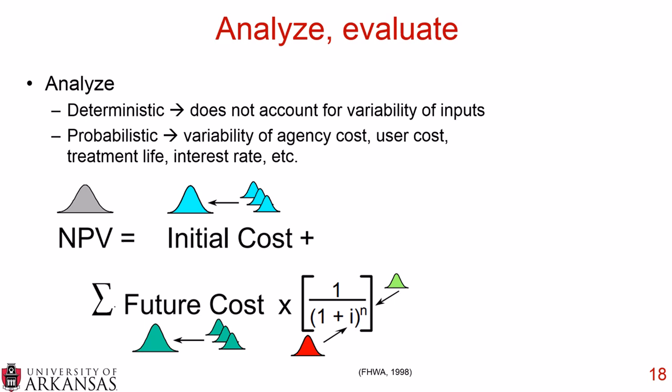So you have all this variability within each category, and when you sum them together, there's some sort of variability associated with the net present value, or the NPV, and that's a probabilistic analysis. Regardless, however, if you do a deterministic or a probabilistic analysis, you want to compare net present values, you want to choose, or you want to reevaluate the different strategies that you laid out.